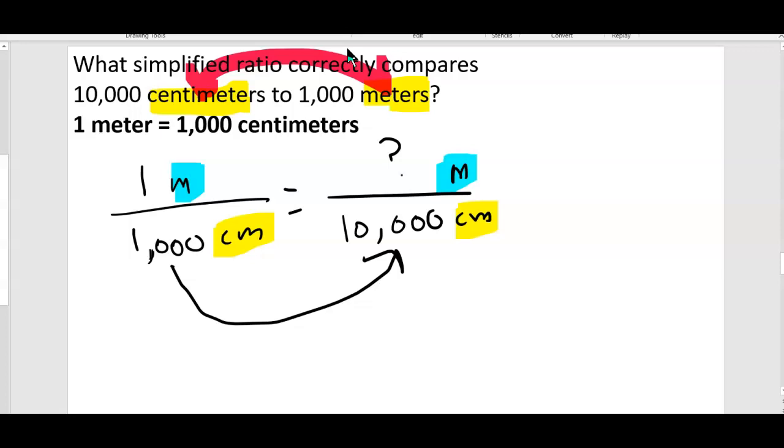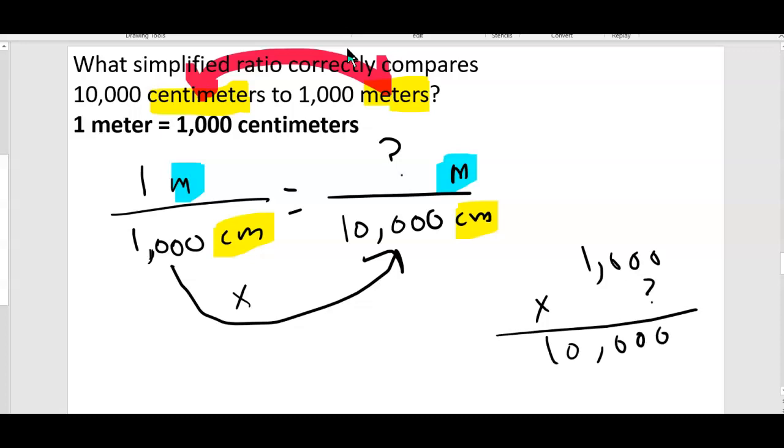Well, obviously we're multiplying. You either multiply or divide. Since the number is getting bigger, we're multiplying, right? But by what? What do you multiply 1,000 by, so that when you're done, you get 10,000? Isn't this the same thing as 10,000 divided by 1,000?